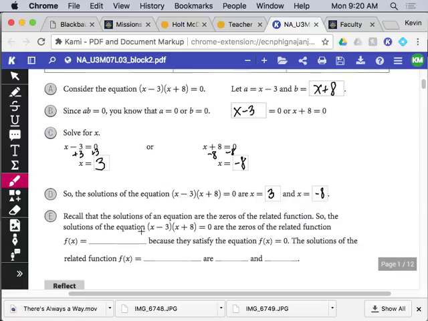So recall that the solutions of an equation are the zeros of the related function. So the solutions of this equation here are the zeros of the related function x minus 3 times x plus 8. What's another name for the zeros of a function? X-intercepts.